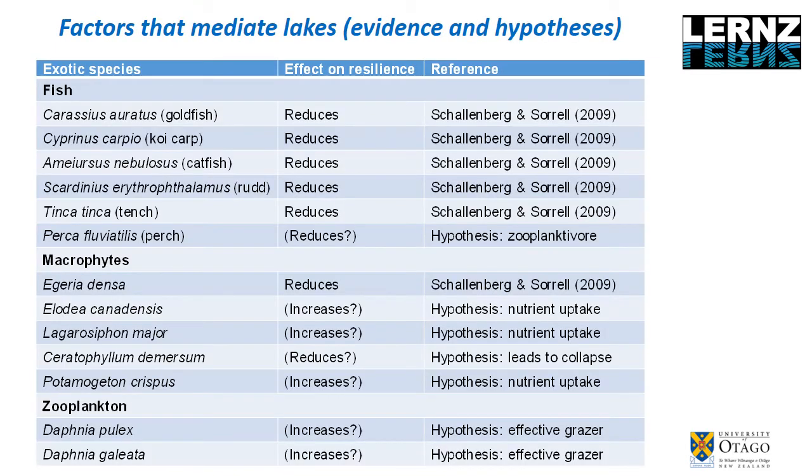And in terms of zooplankton, we think that these invasive Daphnia species, Pulex and Galeata, appear to be quite strong grazers, and so they may potentially increase resilience to eutrophication by basically consuming the excess algae produced by increasing nutrient loading.